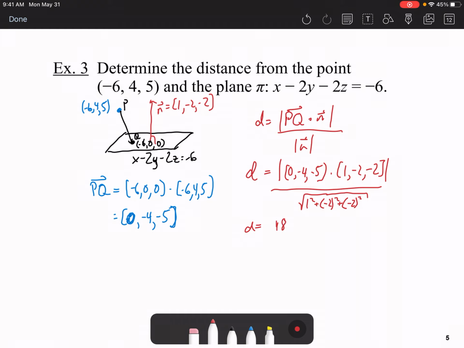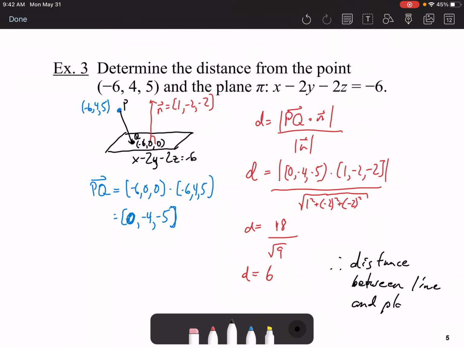Absolute value of that is just 18 still. Denominator turns out to be square root of 9, which is 3, so D equals 6. Now, it's just coincidental that there's a number of values of 6 here that work out. So the distance between the point and the plane is 6 units.